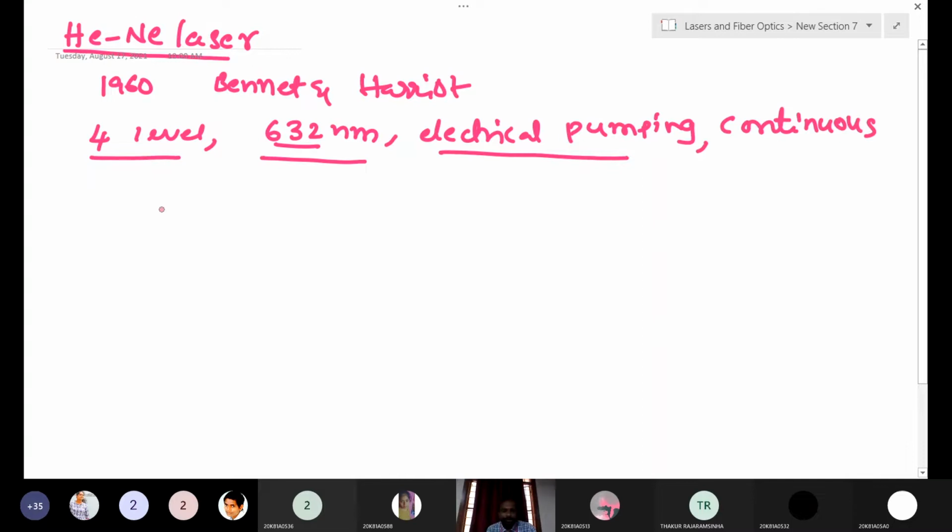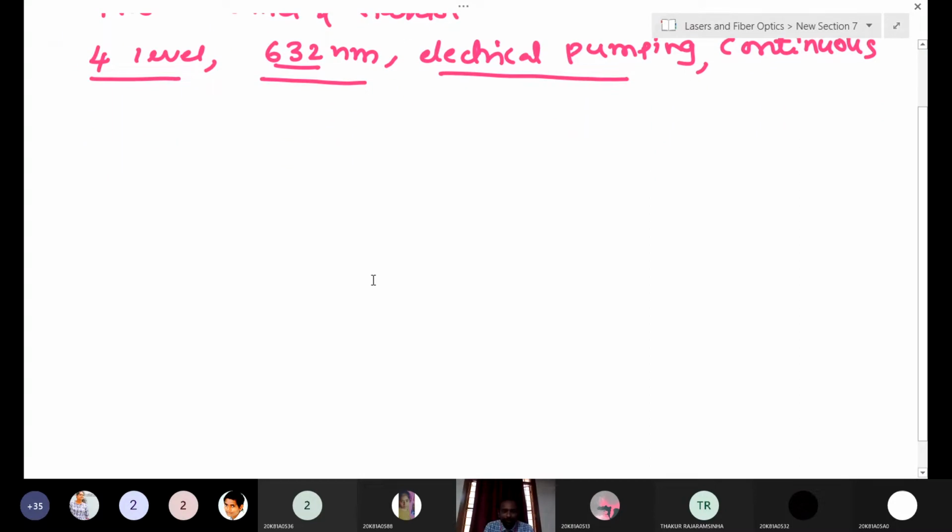Now we'll see the construction, how it works, and how the laser transitions take place. In the construction, we take a gas discharge tube, like a tube light.